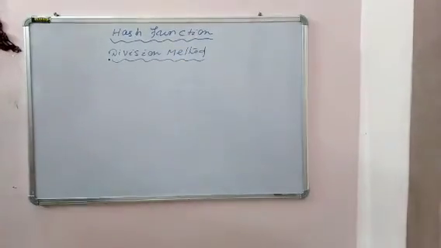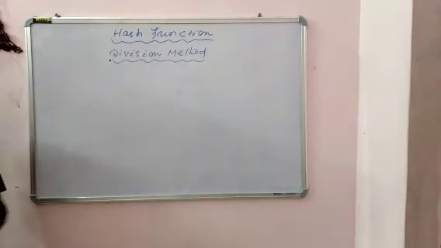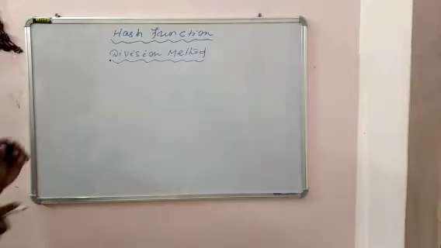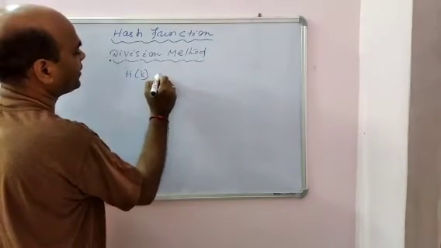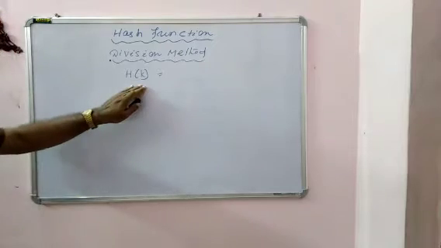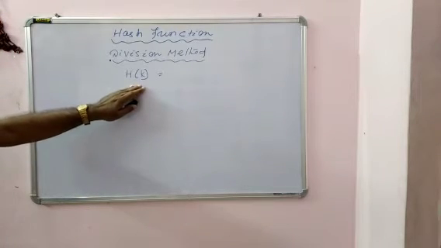Division. This hash function, which uses the division method, is represented as h(k), where k is the key value and h(k) is the hash function.